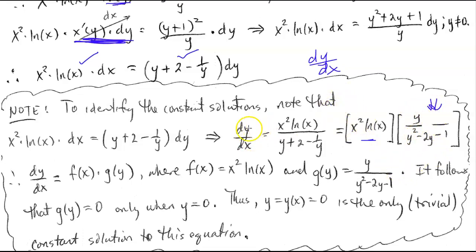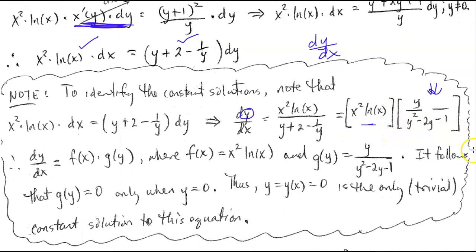And so if we looked at that, we're trying to look at what constant value I can plug in for y in here so that it makes everything here go to 0, okay? Now, to be simple, short, and sweet, we're only considering this portion of the right-hand side of this equation. And if we let y equal 0, then that makes g of y go to 0, which makes everything on that right-hand side go to 0. So we know that the only constant solution that we have is the trivial one, which is y is equal to 0, okay?